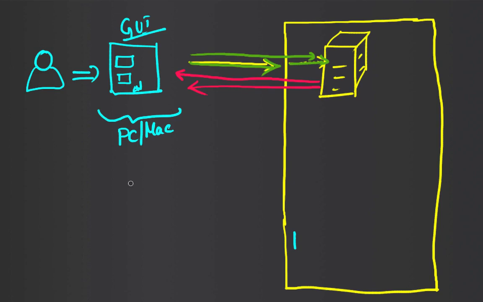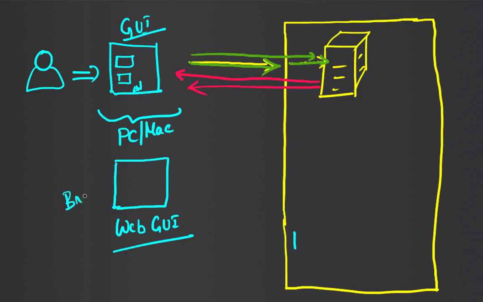Now, this is with the GUI. The GUI is a dedicated piece of software, but it's not just the GUI. A user can also use a browser. This need not be a GUI. It's called the web GUI, which is a fancy word for accessing SAP through the browser.